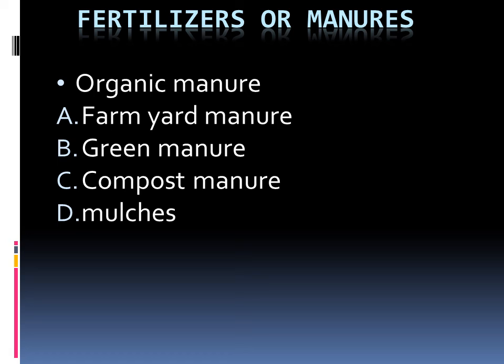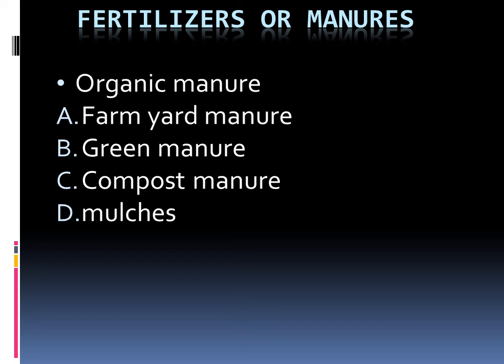The compost manure should be turned regularly, that is 3 to 4 weeks, to allow air circulation that will in turn enhance faster decomposition. Pupils, during dry season, the heap should be sprinkled with water to keep it moist. This speeds up the rate of decomposition.